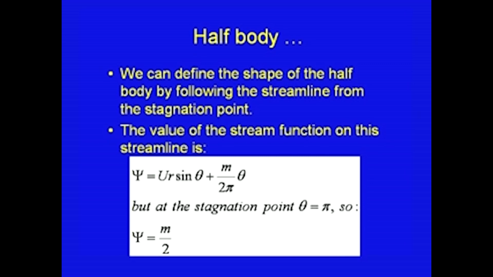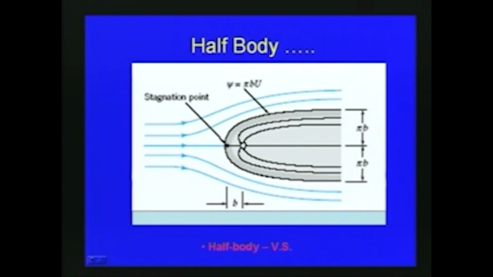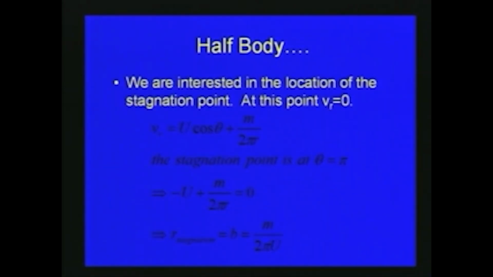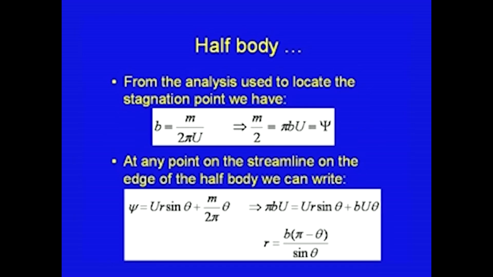On the surface of the streamline, psi is defined as pi b u, or finally we get psi equal to m by 2. That is the value of the stream function on the surface of the half body.